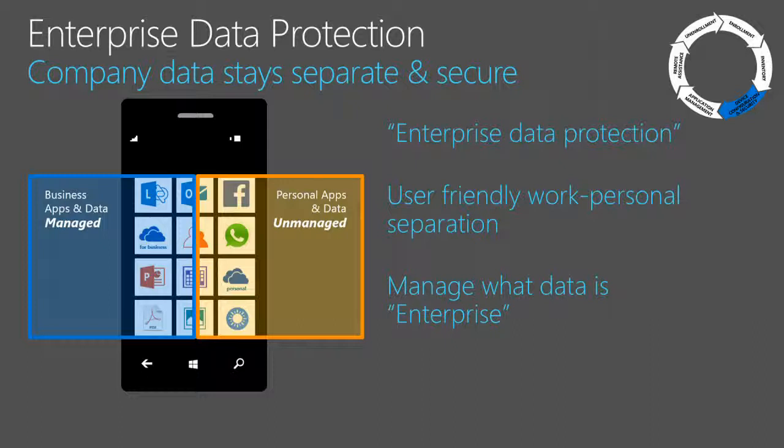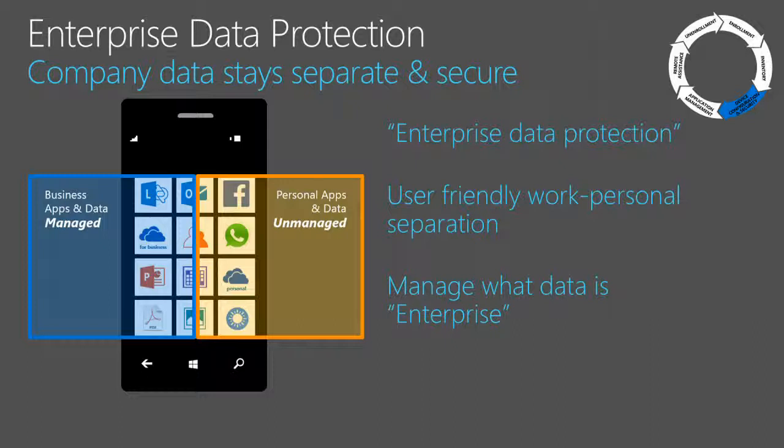But really what it intends to do is to make sure that when corporate data lands on the device, it is tagged as being corporate or company-related data, and that when that device is lost and you need to wipe it, the corporate data will be removed, or if someone else gets the device, the corporate data is encrypted, so no one will get access to it, but also to ensure that corporate data cannot be shared with applications that are not allowed to use it.